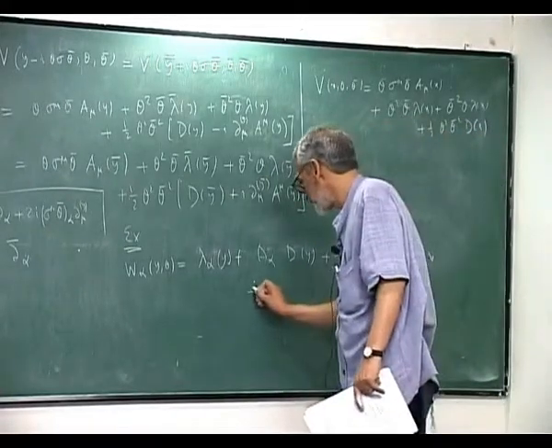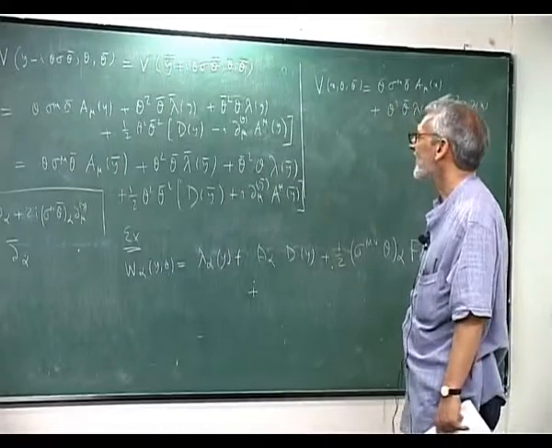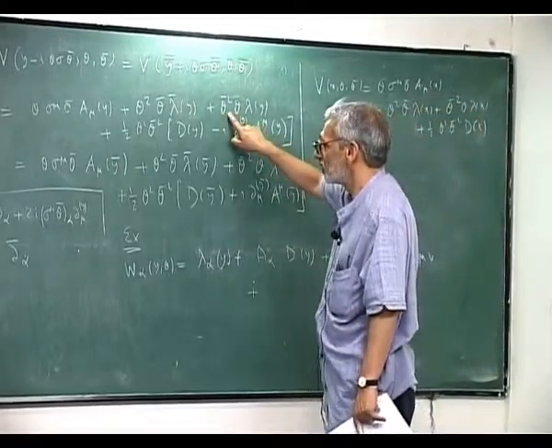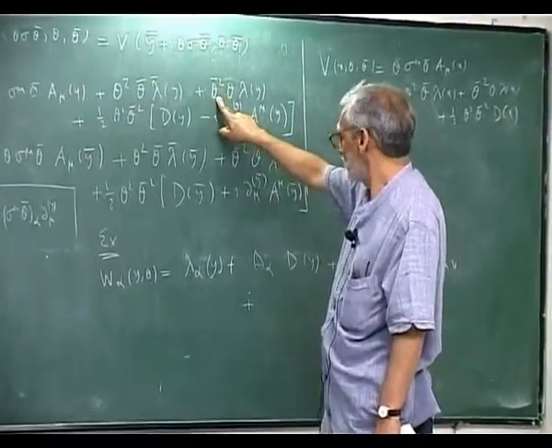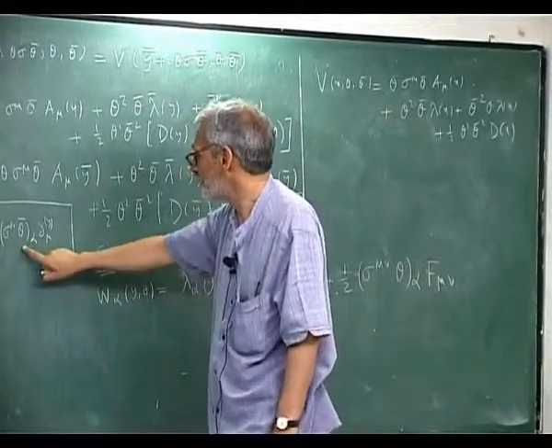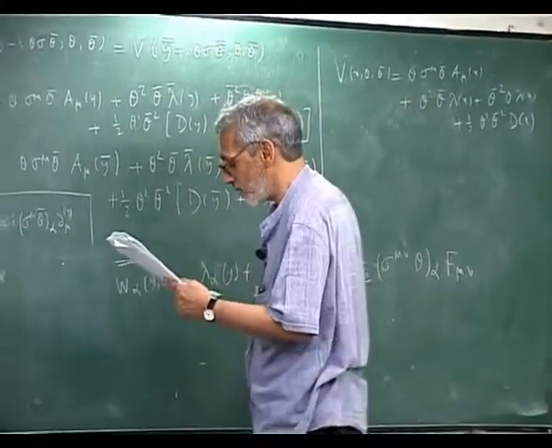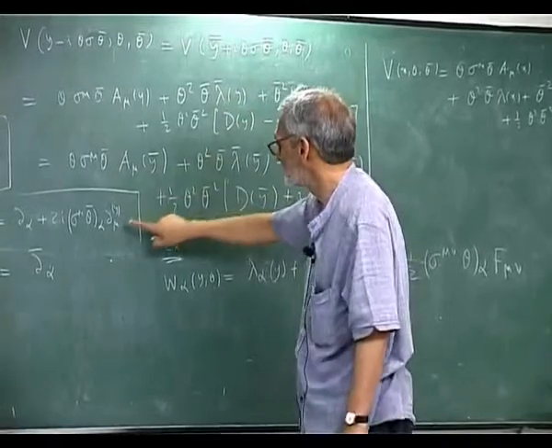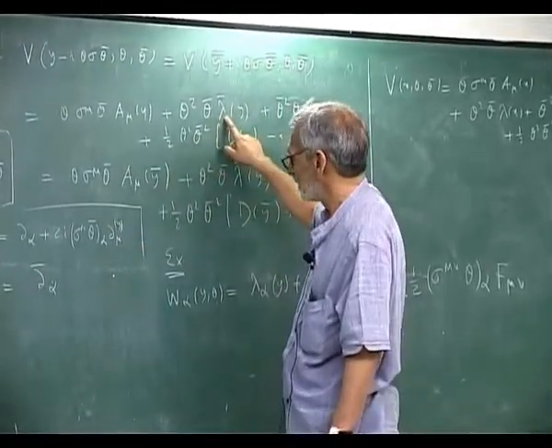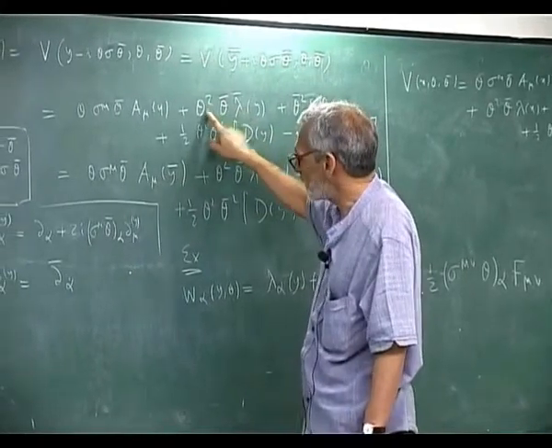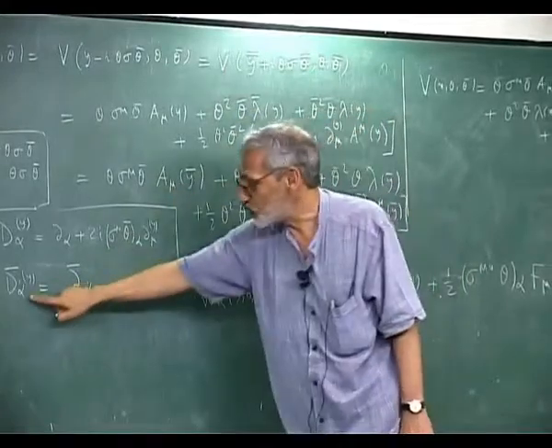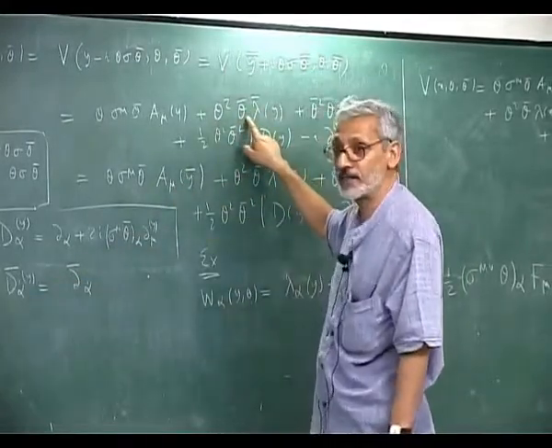Then there's one more term. This acting on lambda bar. This has two thetas and two theta bars now. These two objects will hit the theta bars and kill theta bars.